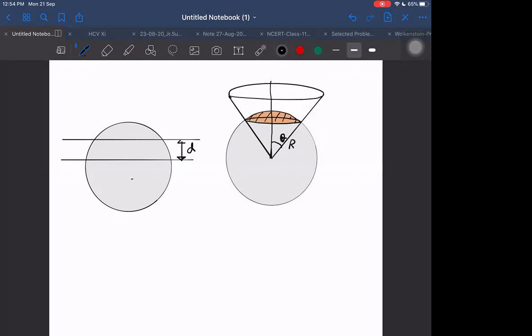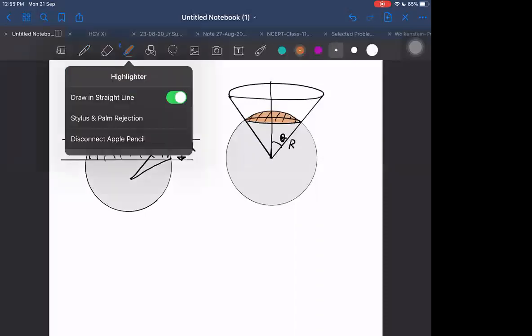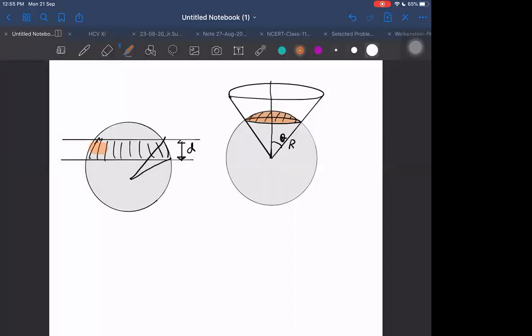Remember it, and I don't know why you are forgetting it again and again. It is such a wonderful formula. The area of the portion of the sphere cut between these two planes will always be equal to two pi r into d.